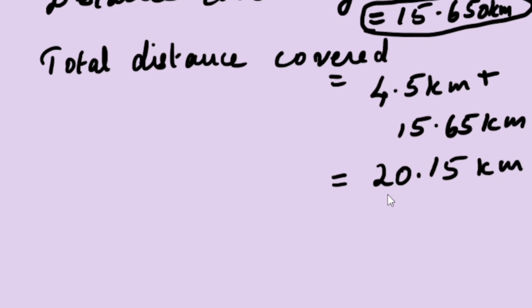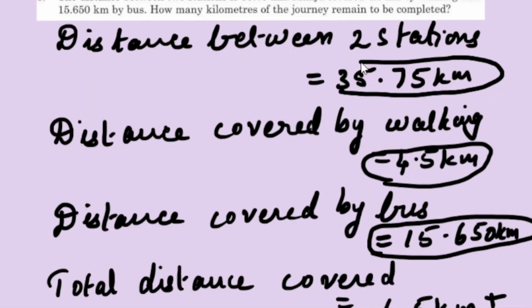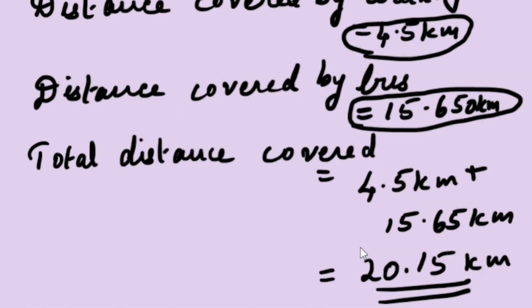That distance is already covered. Total distance, how much is given? The total distance is given as 35.75 kilometers. So how we can find out the remaining journey from this total distance? This sum we have to subtract.